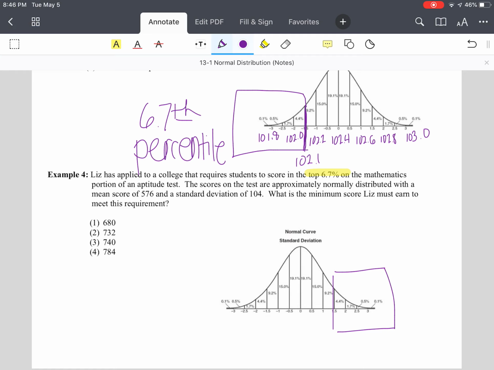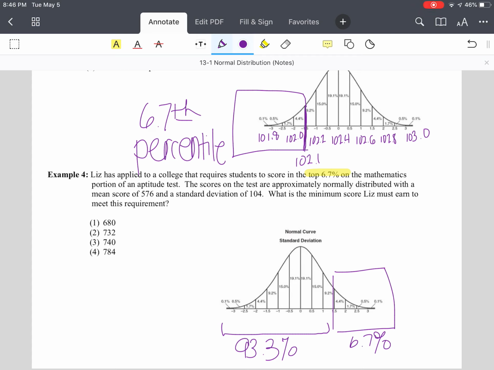Just to help explain this, if you were to add up all the numbers to the left of that, you would get 93.3. So Liz's score would be in the 93.3rd percentile. That makes sense. Liz needs to do better than 93.3%. This is more than you need for this problem, but this is 93.3% and this is 6.7%.